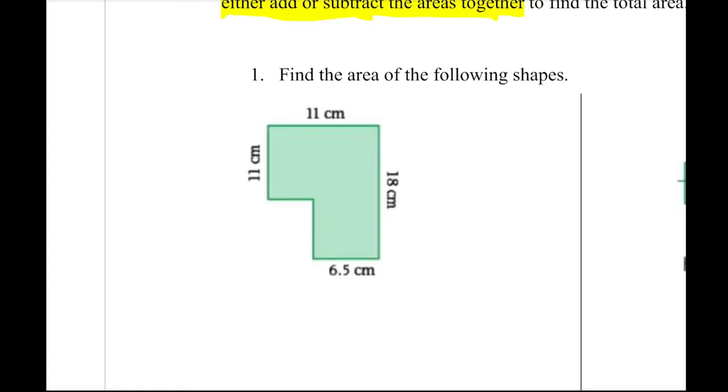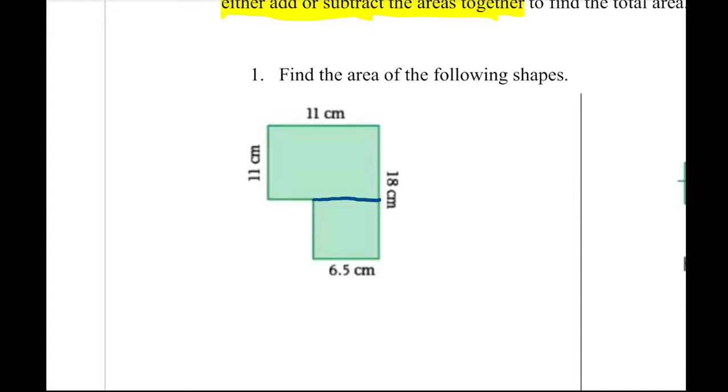We could draw a line across, just for our understanding, and now I have shape 1 and shape 2. You could divide it up in another way, such as this, where now I have shape 1 and shape 2. Either way is correct because you're dividing it up. You'll have the measurements available to you. You may just have to do different calculations to find it.